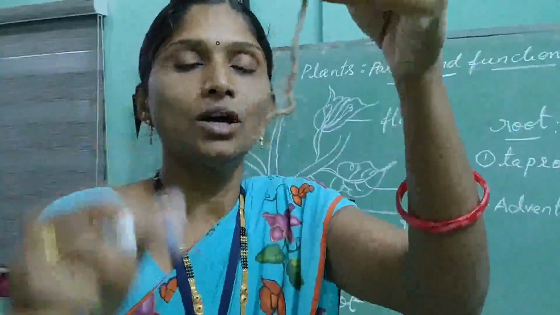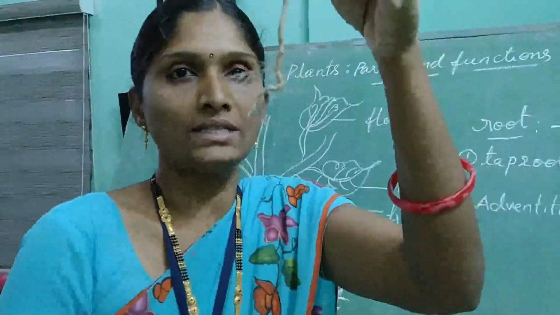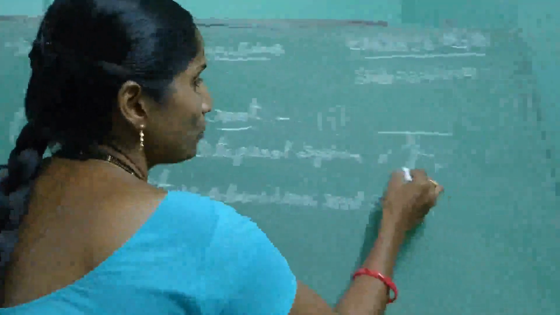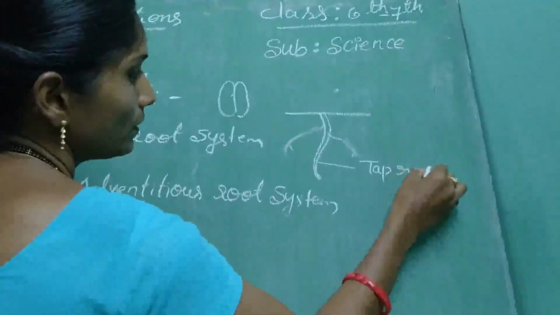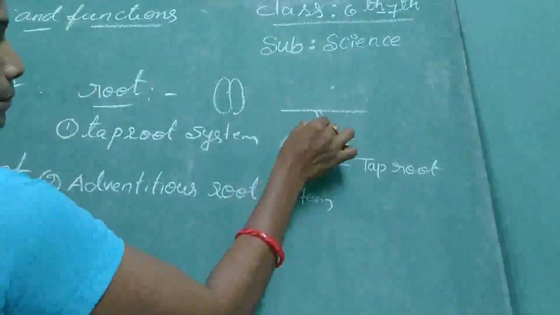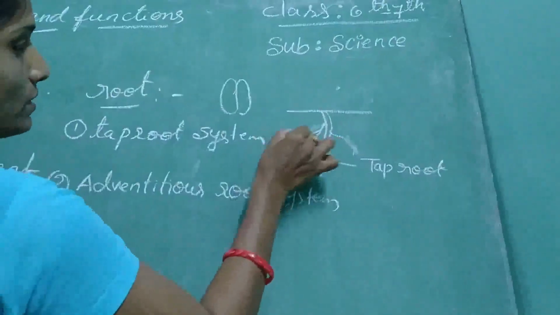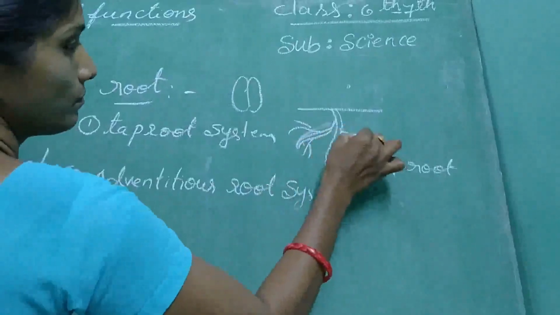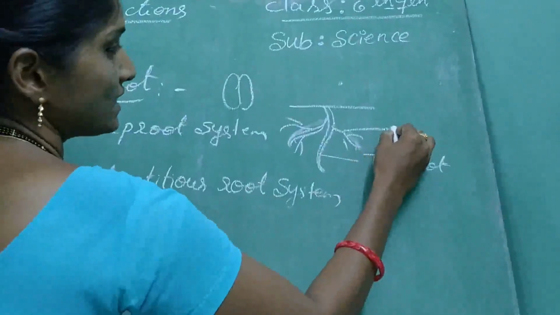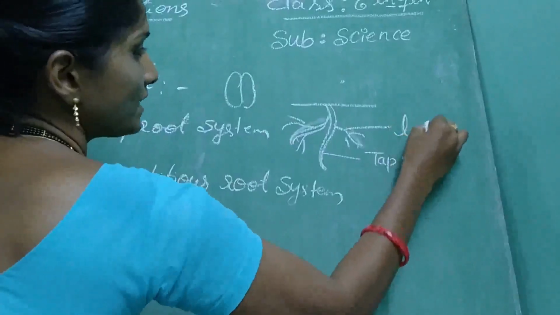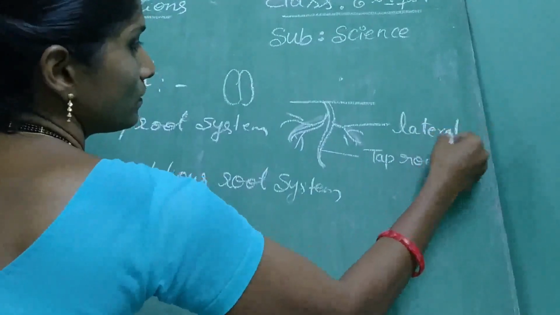These are called rootlets. The main root is called taproot, and the subroots, or rootlets, are called lateral roots.